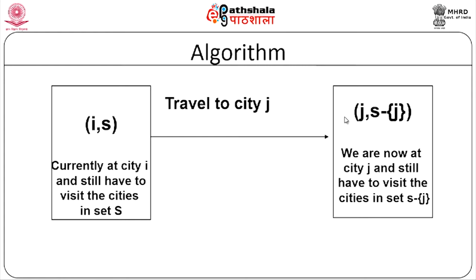So, I will explore all the possibilities from city j, and still we have to visit all the cities of the set S minus j, and we have to get back to the home city. This is what is needed for finding the solution of the traveling salesperson problem.